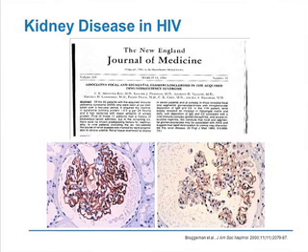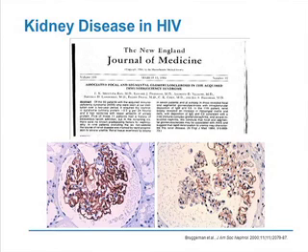And we can see in the lower slide, on the left-hand figure, there's a normal glomerulus, and on the right, there's a glomerulus that's sclerosed and collapsed. And in the early days of the HIV/AIDS epidemic, all kidney disease was AIDS nephropathy or HIV nephropathy.